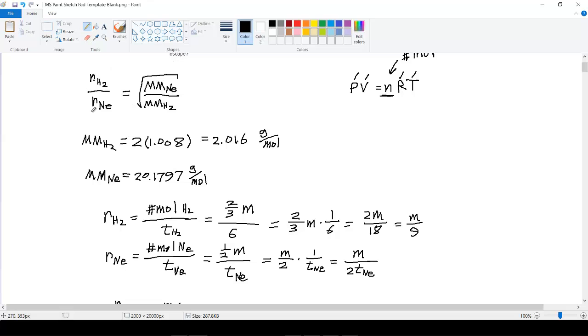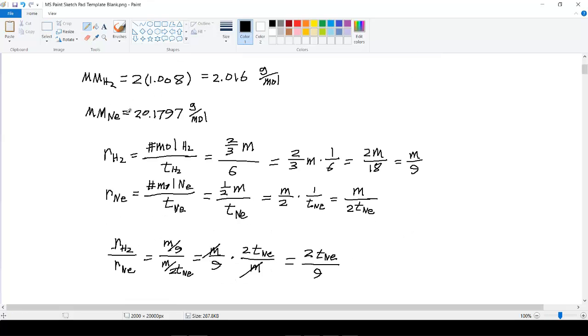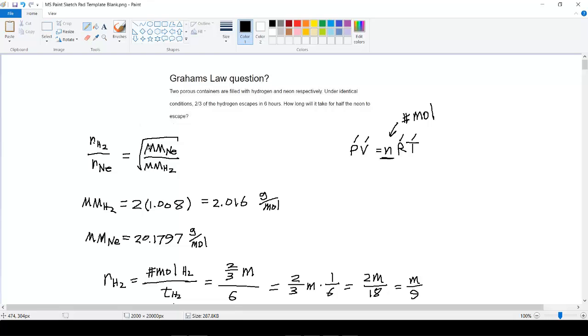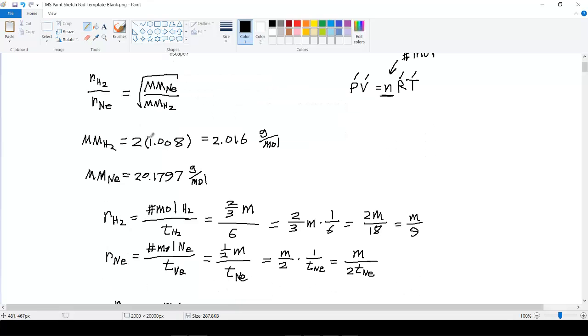Now, again, going from Graham's law, that rate of hydrogen over rate of neon, which we know is 2t over 9, will equal the square root. We have most of the information for that.